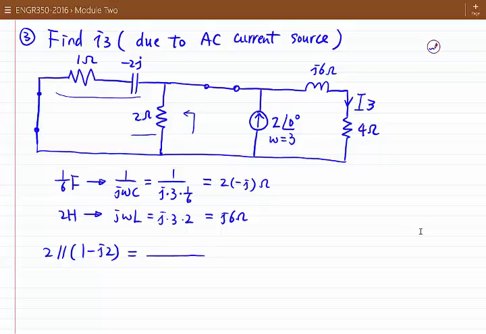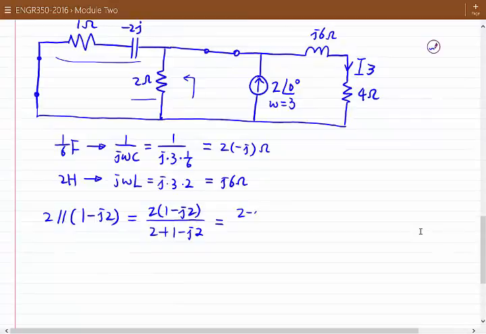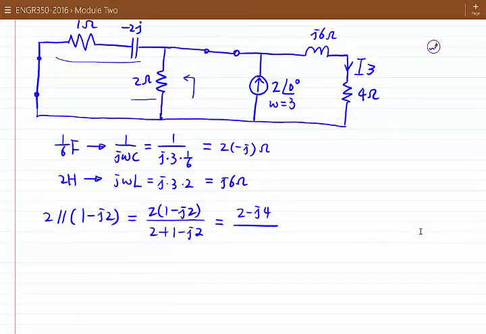The numerator here is 2 times 1 minus j2. The denominator here is 2 plus 1 minus j2. So we should know how to calculate the total impedance of a paralleling branch. This is very important. So we can further simplify it, so it is 2 minus j4 over 3 minus j2.